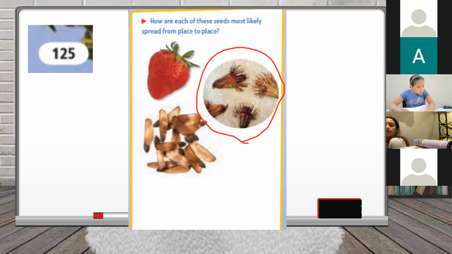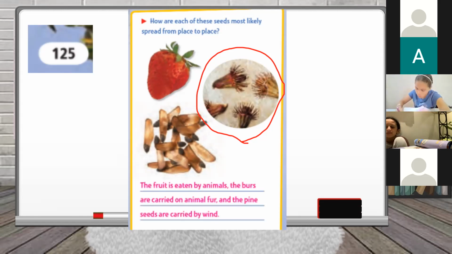What else? Only animals and people? Who else can move seeds? They are very light. Insects, right? Excellent. Also, they are very light, so they can be carried away by what?